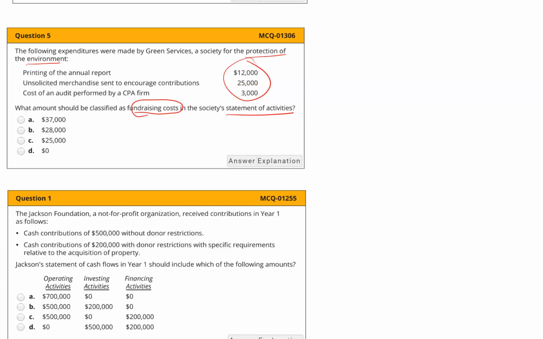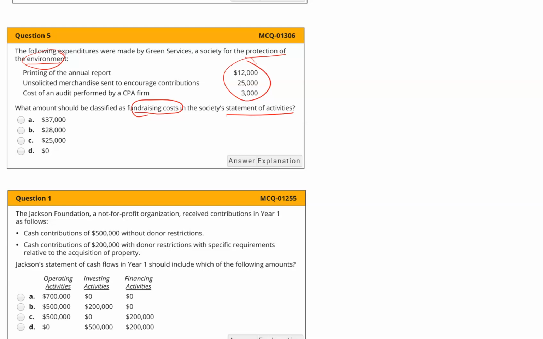In the statement of activities, remember we classify our expenses into two categories: program service and supporting service. Program service is related to their mission. That means anything they spend for protecting the environment will be their program service expense. Any fundraising or administrative expenses, we call supporting service.